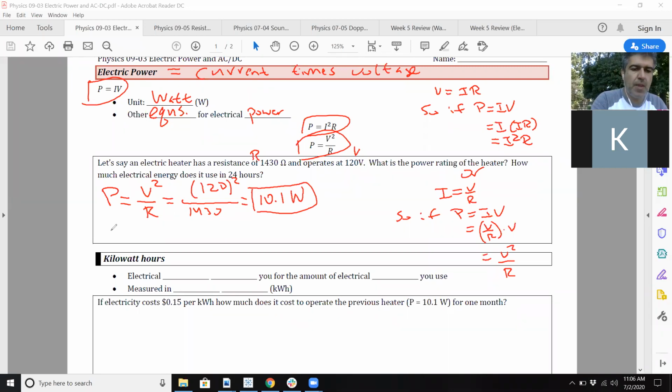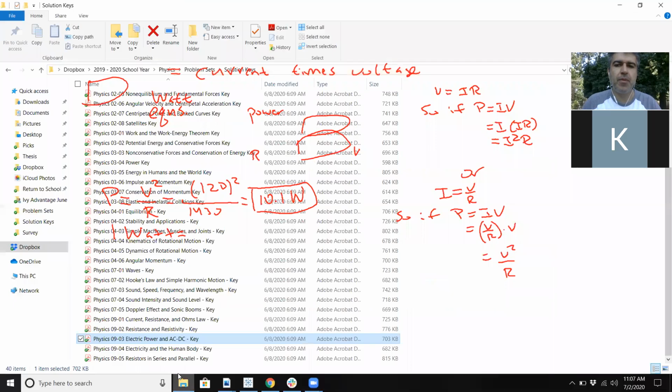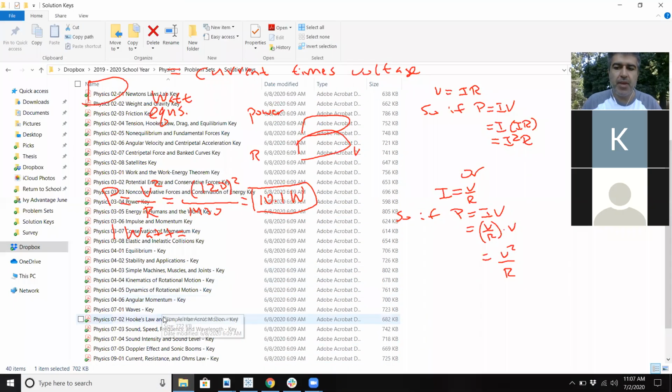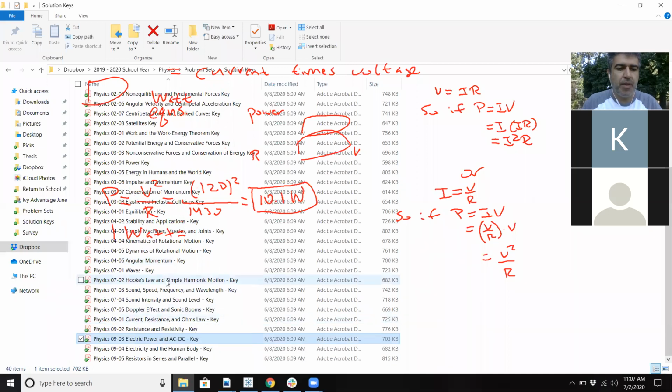what is a watt? Does anyone remember what a watt is in terms of joules and seconds? In case you forget, you go to your notes. Is it joules over seconds? Yep. Thank you to whoever chimed in there.